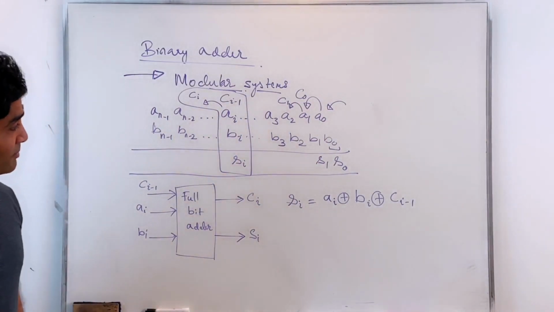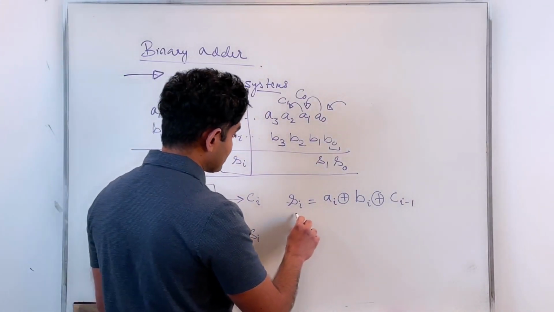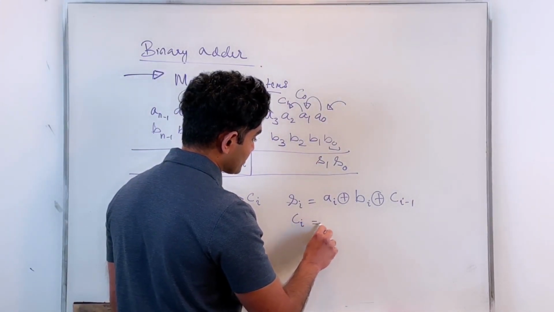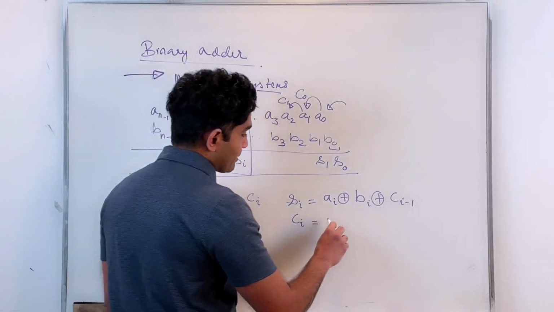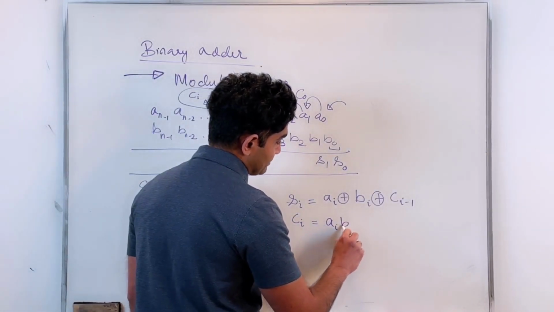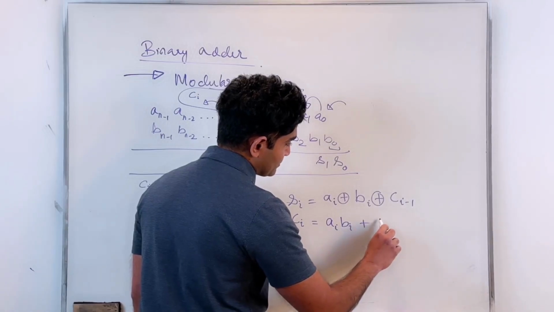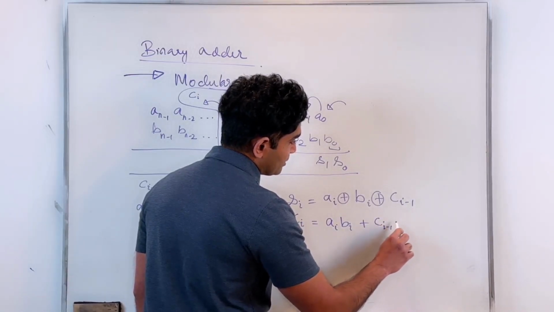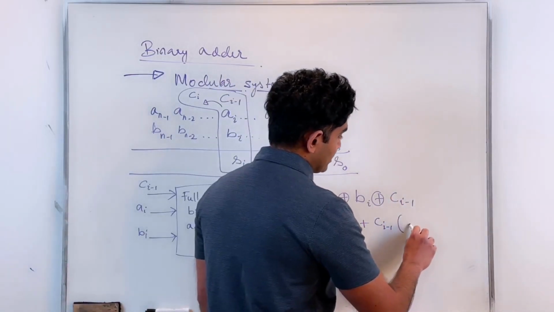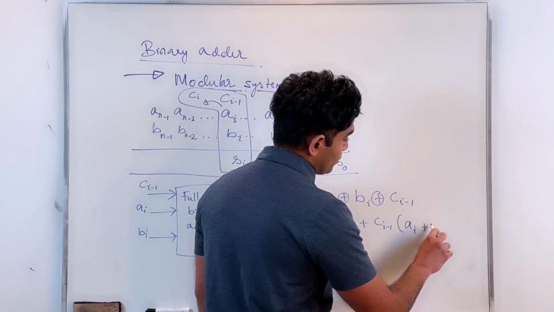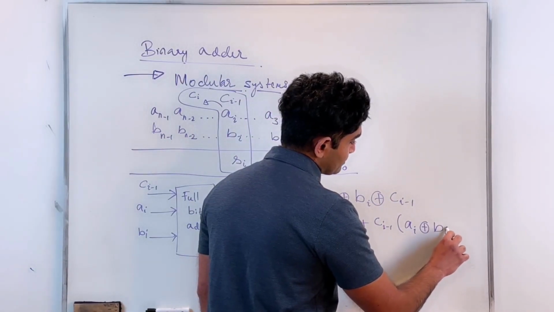We saw that in the last class, right? And then CI, my carry out, was given as AI BI plus CI minus 1 times AI exclusive OR BI.